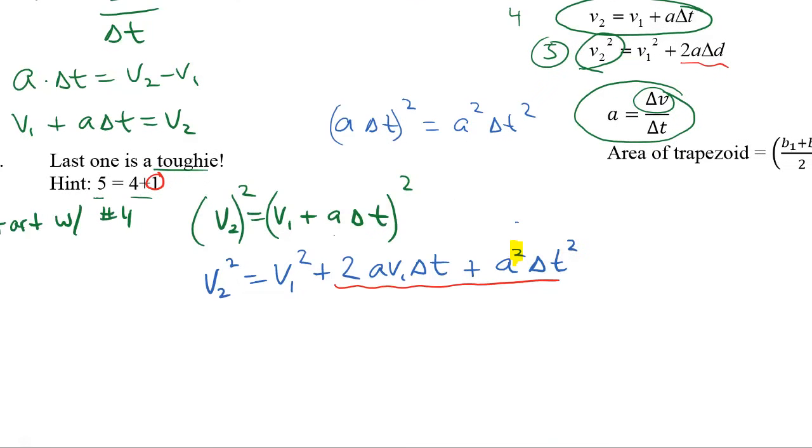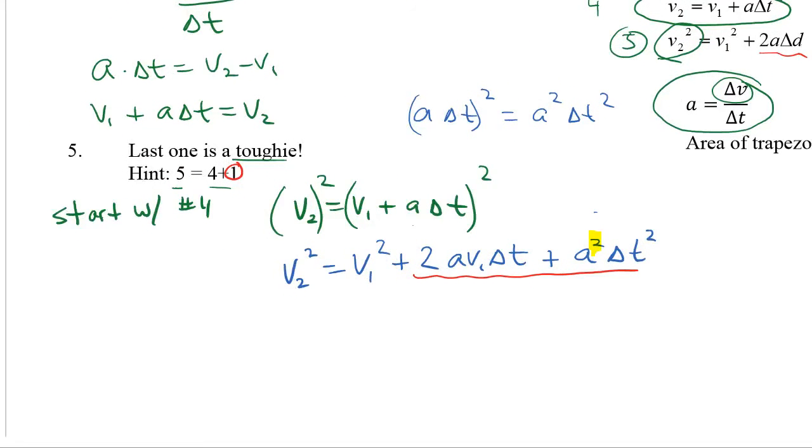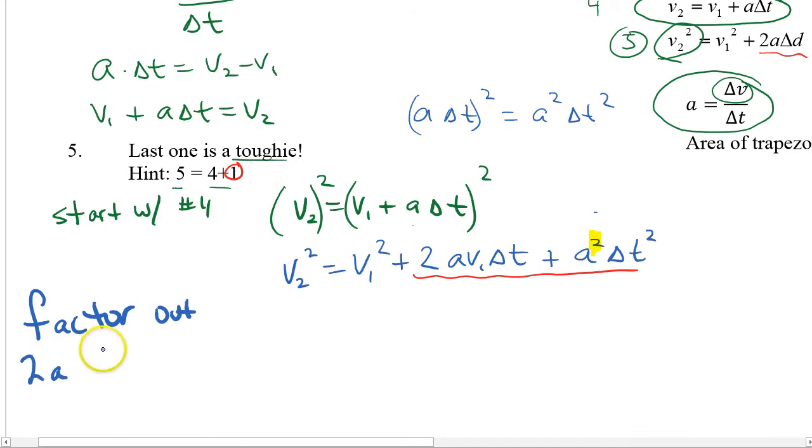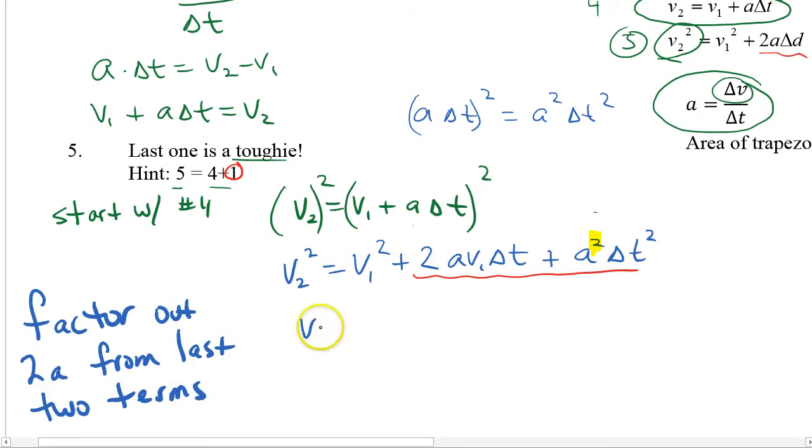Okay, so here's the key, and I'll write you a note here. Please factor out 2a from the last two terms. What does that look like? Well, v2 squared is equal to v1 squared plus, so I'll factor out a 2a.